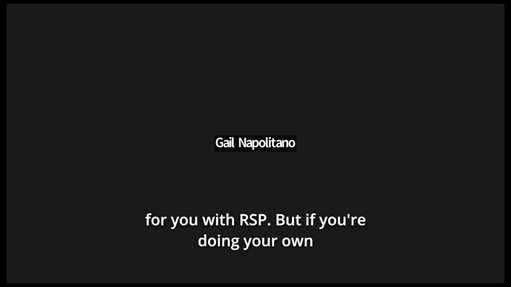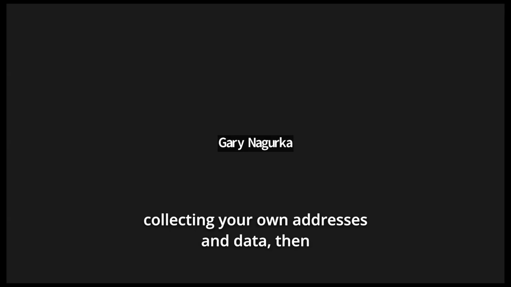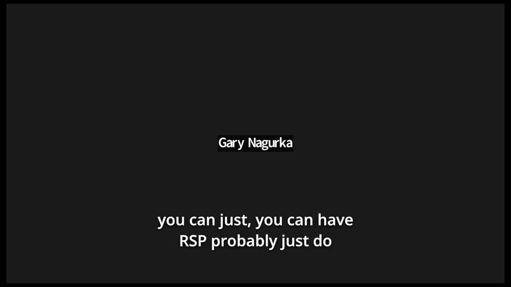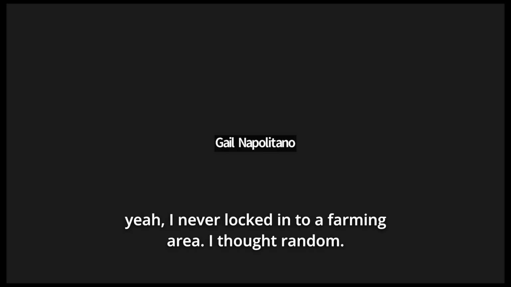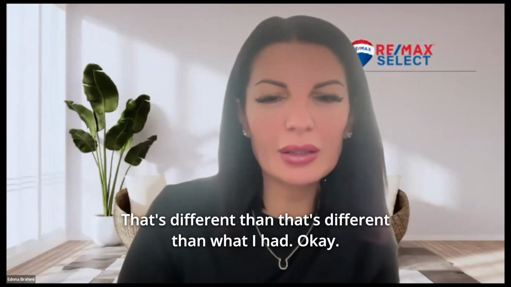But if you're doing your own thing, collecting your own addresses and data, then you can have RSP just do the card whenever you want to do it. Is that what you're doing? Right. Yeah, I never locked into a farming area. I pulled them at random. Then maybe you guys can talk, that's different than what I had.